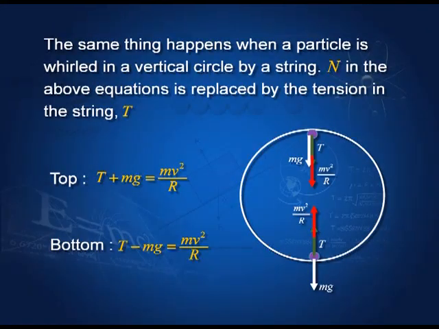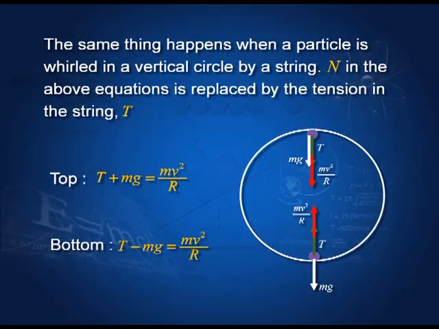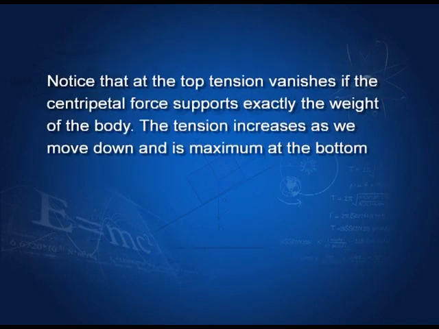Whereas, at the bottom, if mg is equal to mv squared by r, then T is equal to mg plus mv squared by r, and if the two are equal, then the tension is twice mg. So, the tension increases as we move down and is maximum at the bottom.